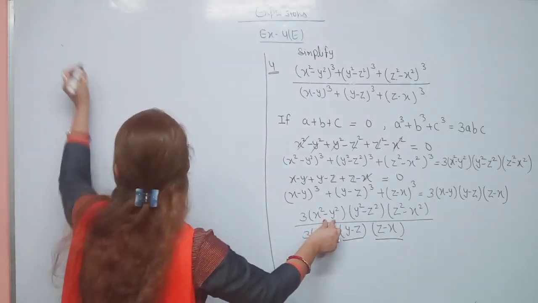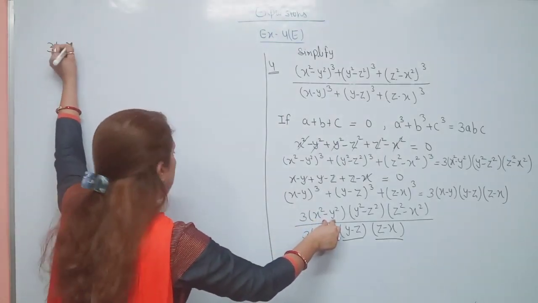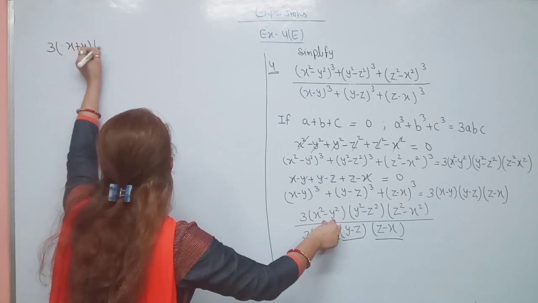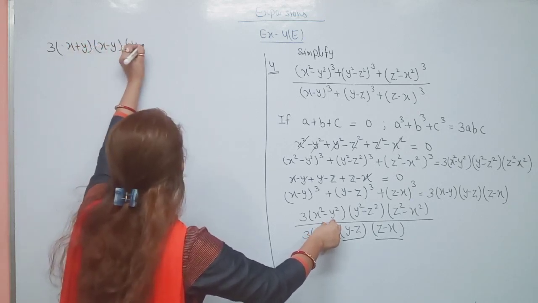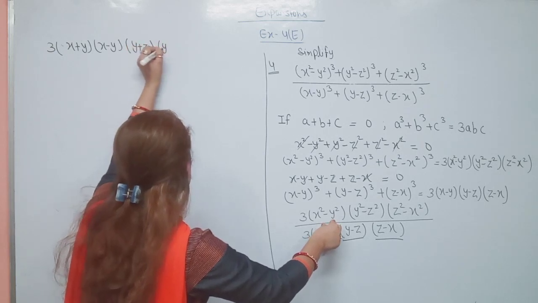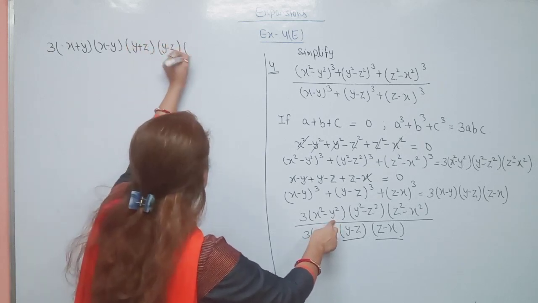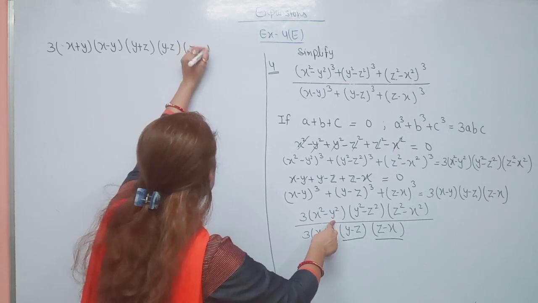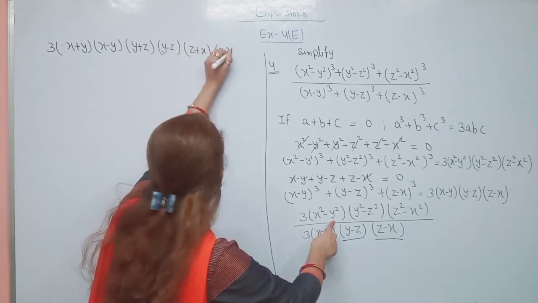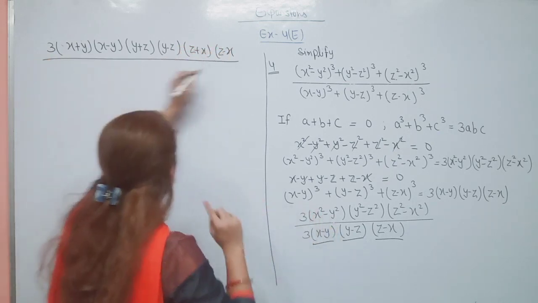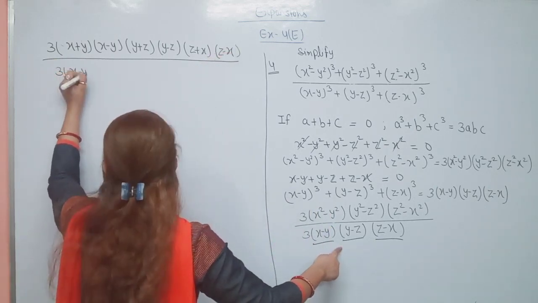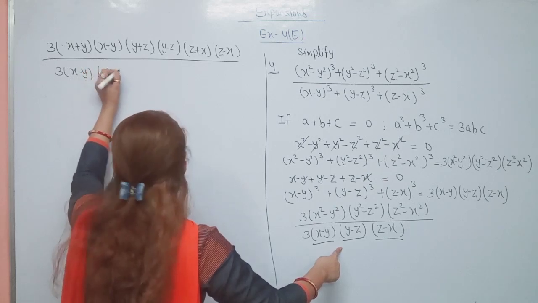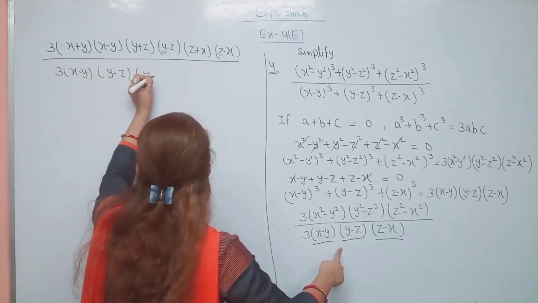So opening the identity: 3(x + y)(x − y)(y + z)(y − z)(z + x)(z − x). And in the denominator it will be the same, 3(x − y)(y − z)(z − x).